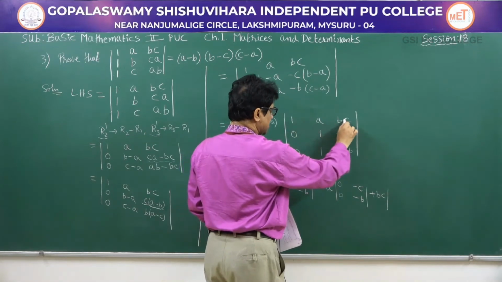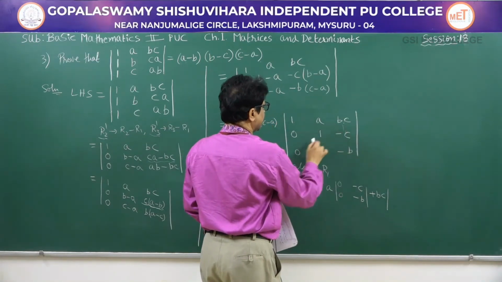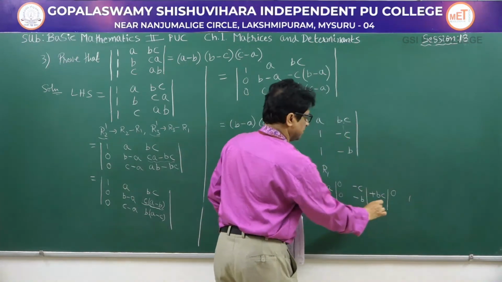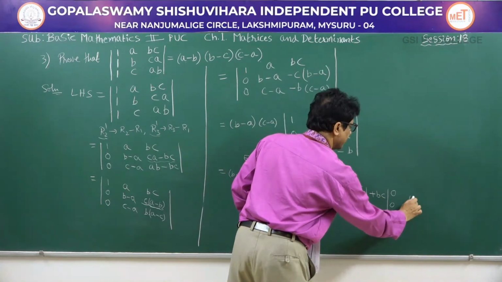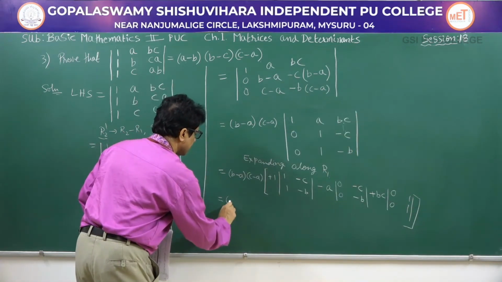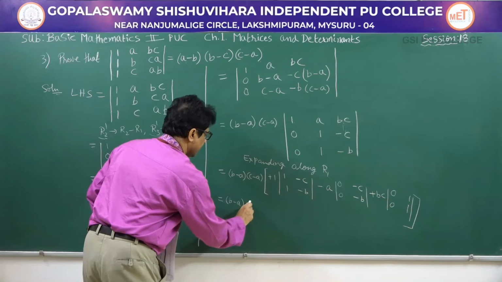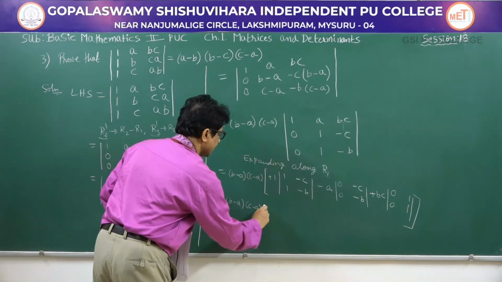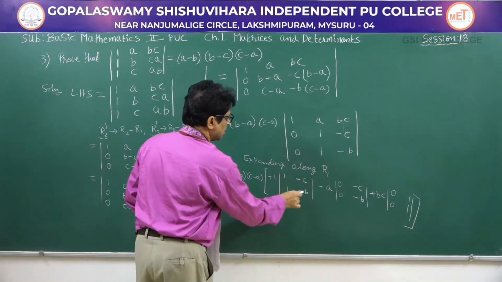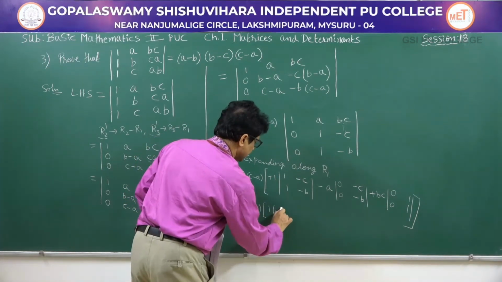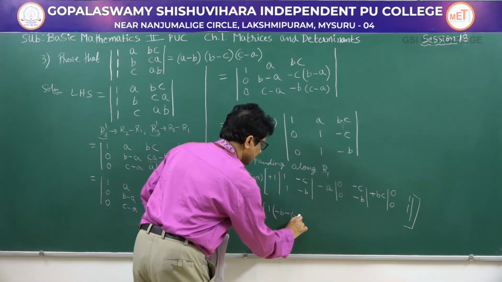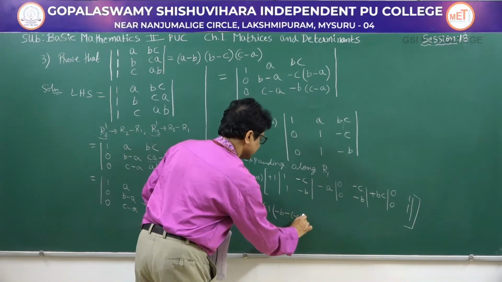We eliminate the first row and third column and take the determinant of the remaining elements: 0, 1, 0, 1. This will be equal to B minus A into C minus A into, so 1 into minus B into 1 minus B minus 1 into minus C minus C.